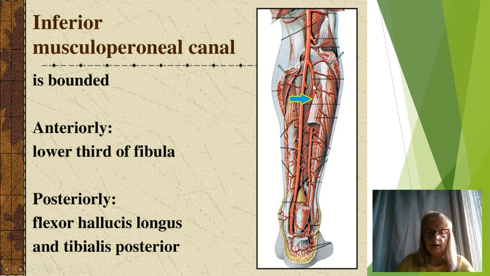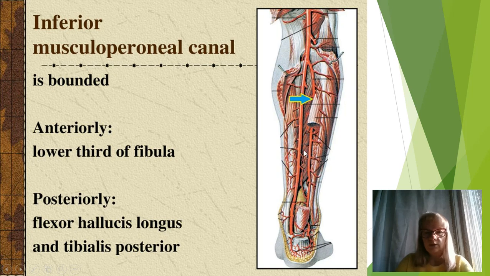Okay, the borders of the canal. Anteriorly, we have the lower third of the fibula, which we don't see because it's deeper from us. We have a muscle here, and then the anterior border is the fibula. Posteriorly we have flexor hallucis longus and tibialis posterior.